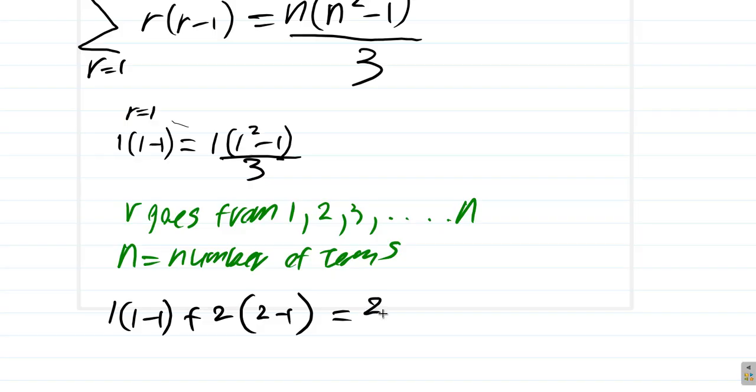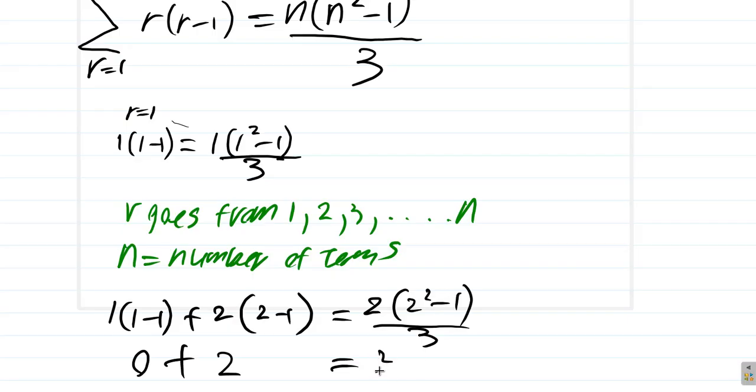So on the right hand side, you have 2 times 2 squared minus 1 over 3. So this would be 0 plus 2 minus 1 is 1, 2 times 1 is 2. And what you have up here, 2 squared is 4. 4 minus 1 is 3, so it's 2 times 3 over 3. So 3 is cancelled, so 2 equals 2. Alright?